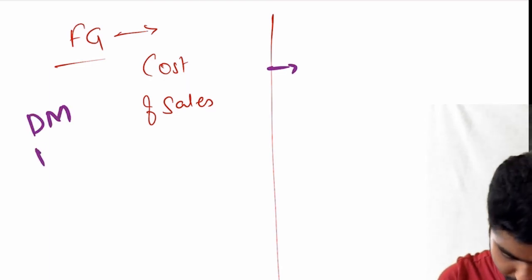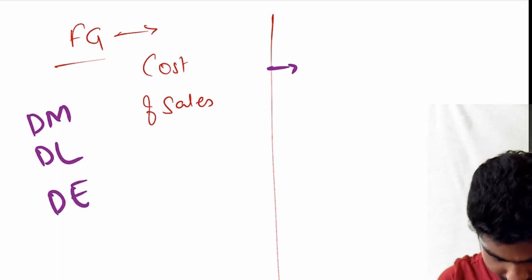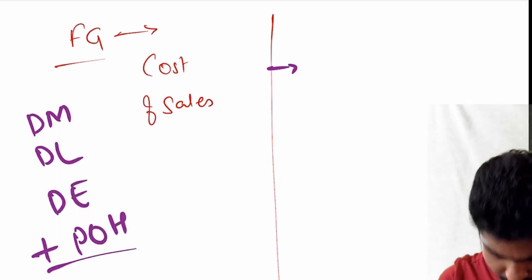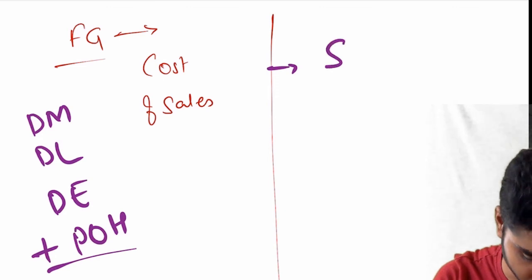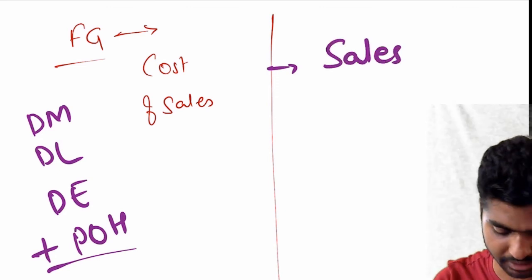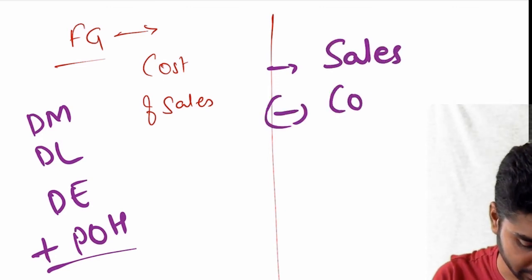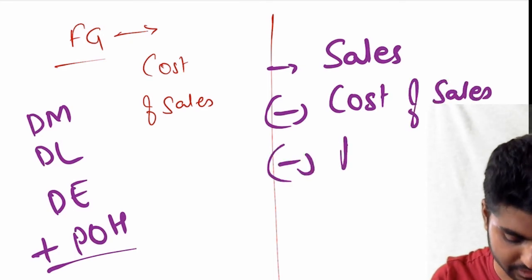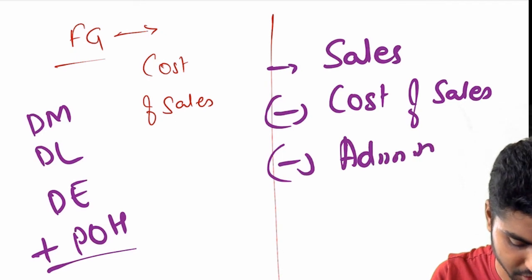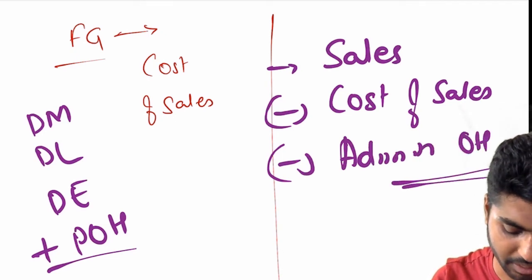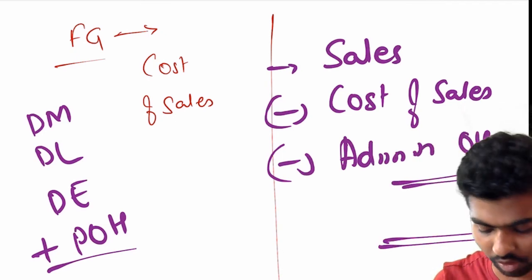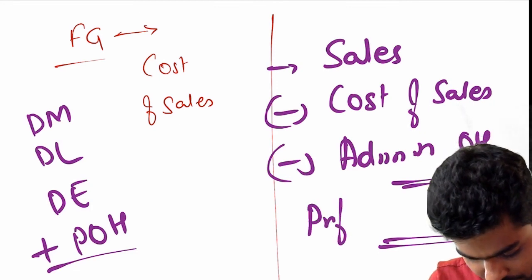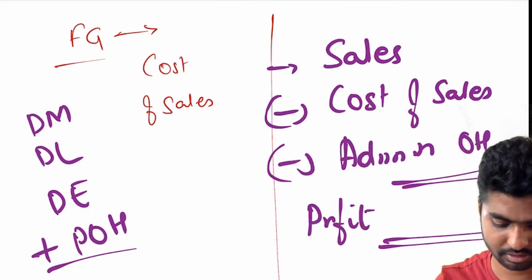DM, DL, direct expense plus production overheads. So I will check what are my sales. From that, I will reduce my cost of sales. I told you I still haven't recovered my administration overheads. So I'll recover my administration overheads. The total of all of this becomes my profit.